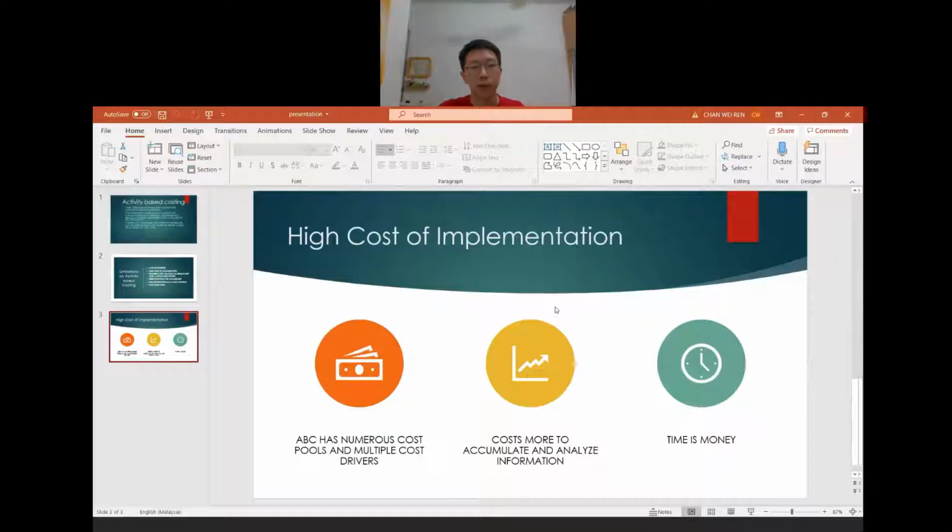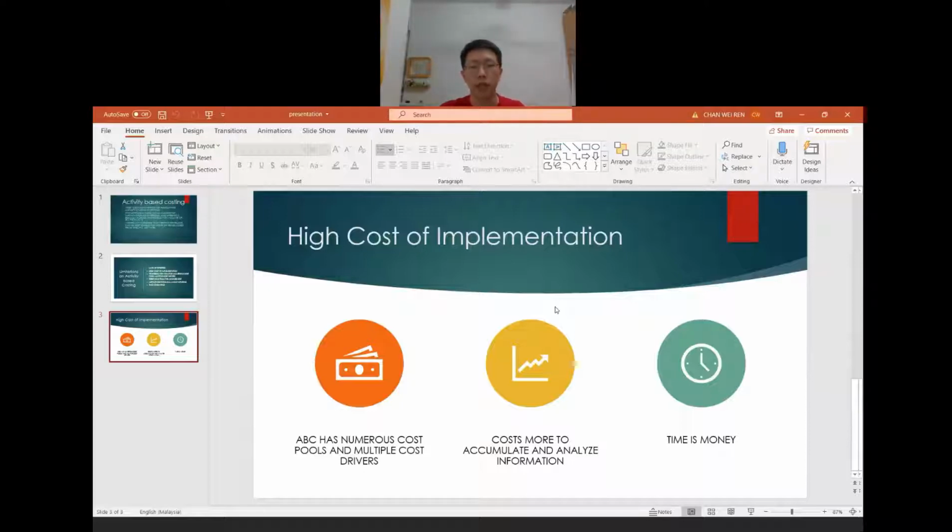Well, I will explain more on high cost of implementation. Activity-based costing has numerous cost pools and multiple cost drivers, which makes it a method that requires a high cost of implementation. Activity-based costing is also said to cost more to accumulate and analyze information.